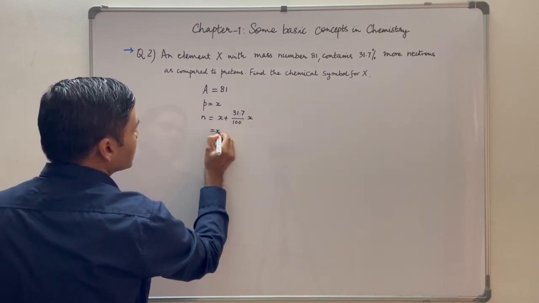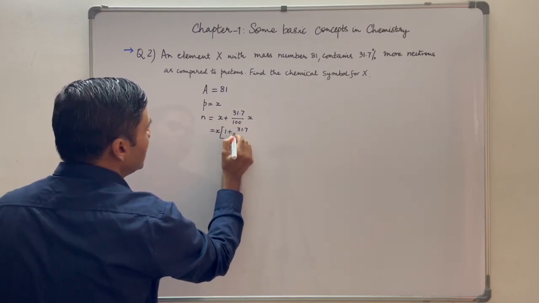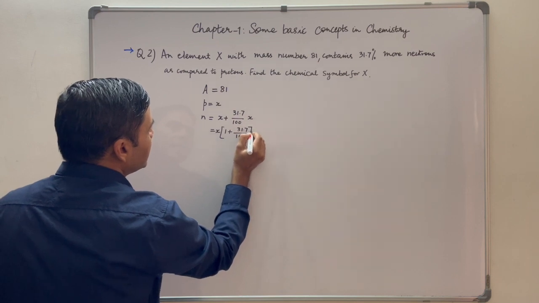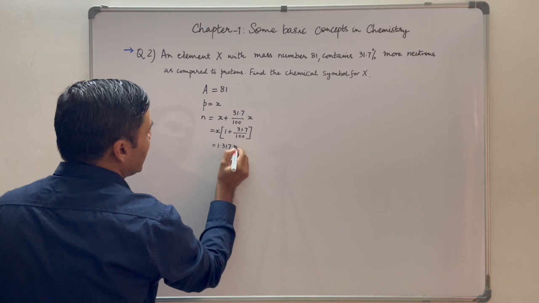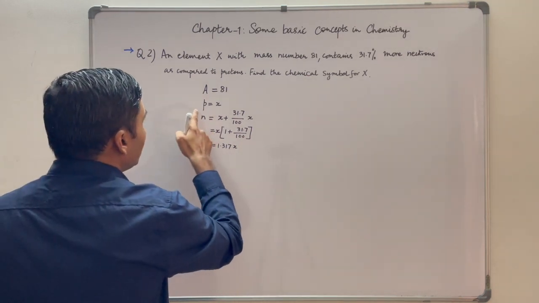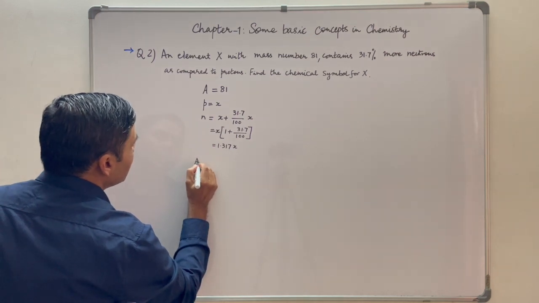So take x as common, so it will be 1 plus 31.7 upon 100, and that will come out to be 1.317x. So when you add number of protons and neutrons, it will give us mass number.